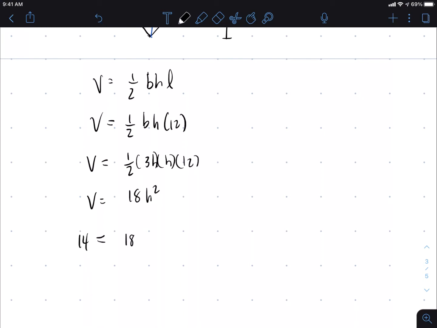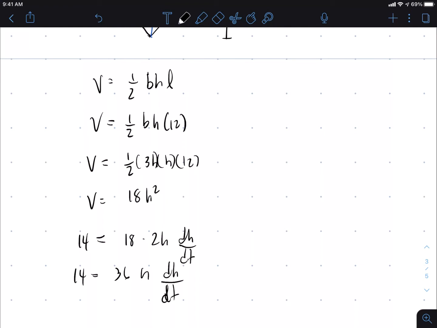Then I'm going to go 18 times 2h dh/dt. And so they're asking for this piece, right? They're asking for the constant times the h. Agreed? Agreed. And then you got stuck on this part? Yeah. Where it asks for h.